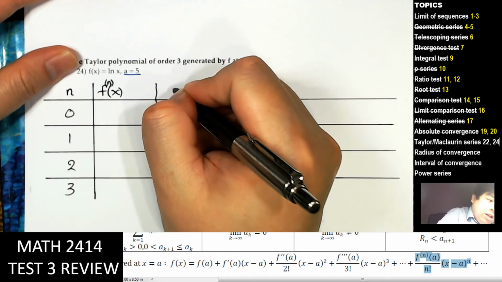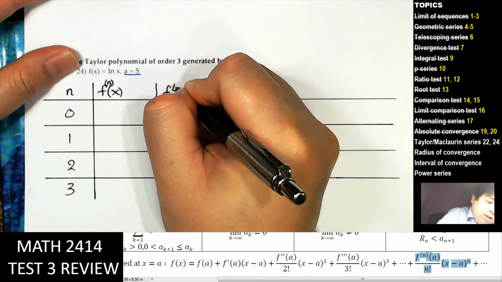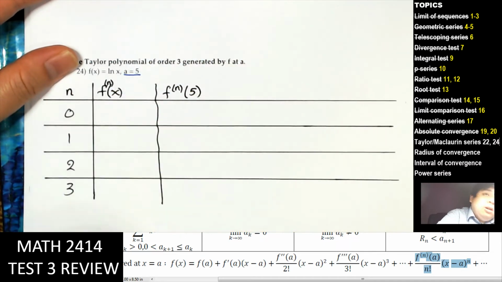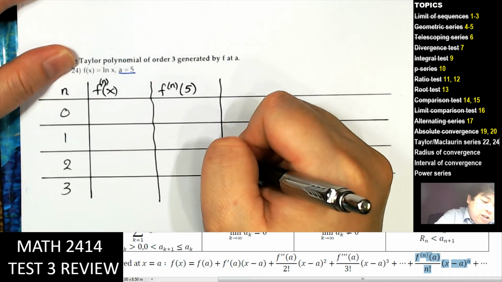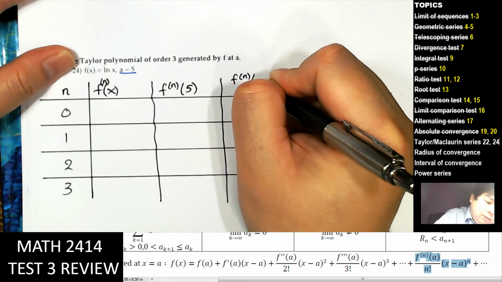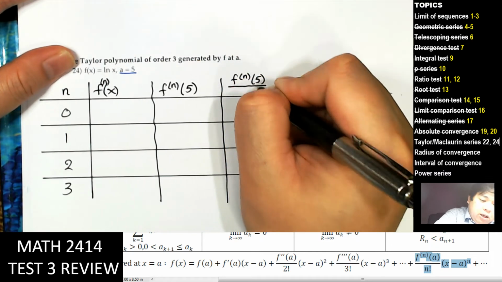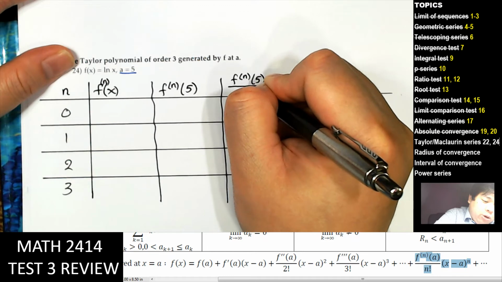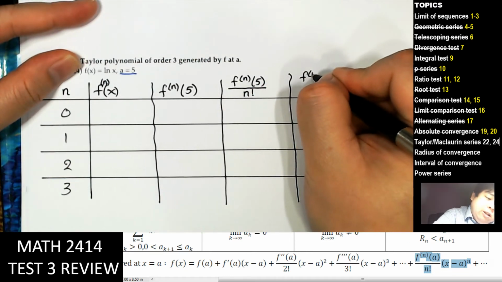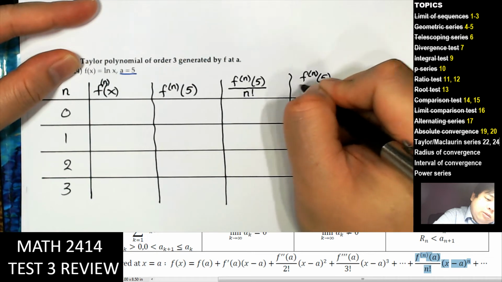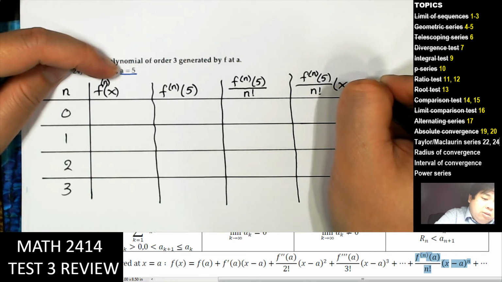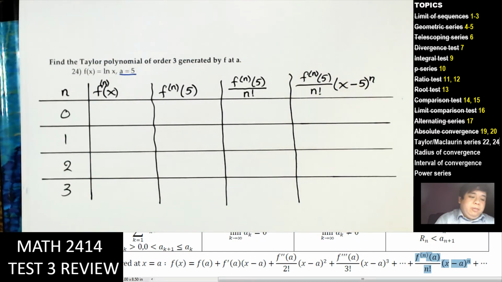Once we do that, we're going to have the n-th derivative evaluated at this point. After that, whatever term we have, divided by n factorial, and whatever term we have, we multiply by x minus that number to the n power. Right.